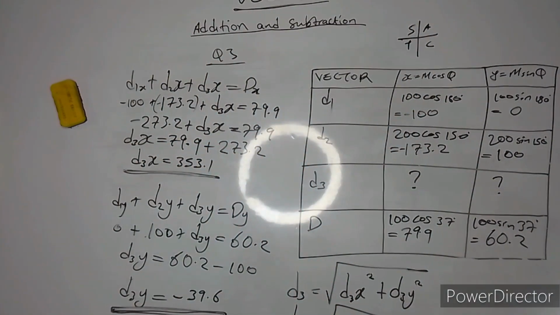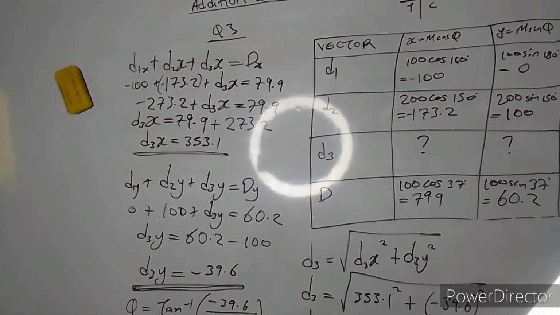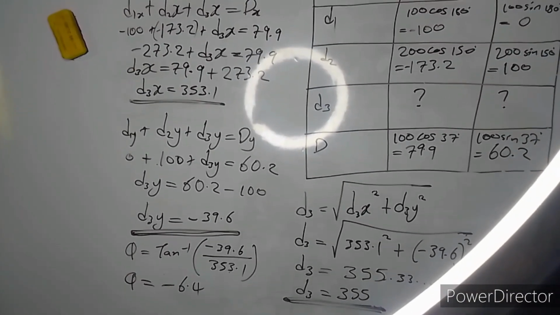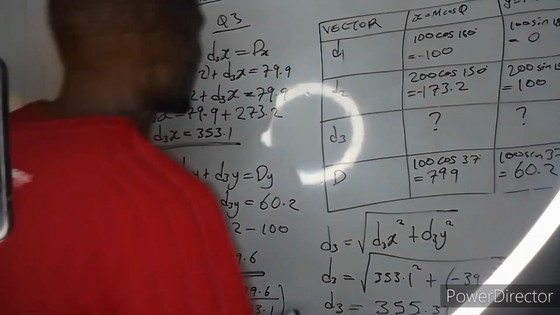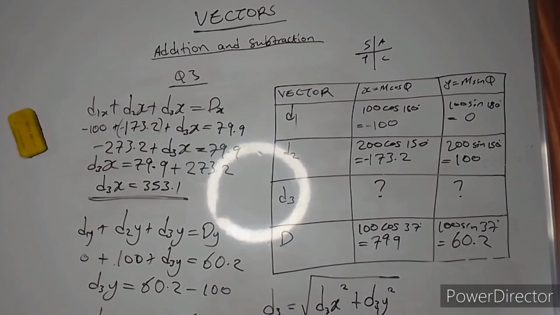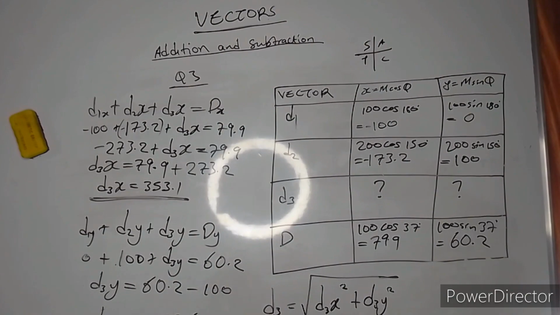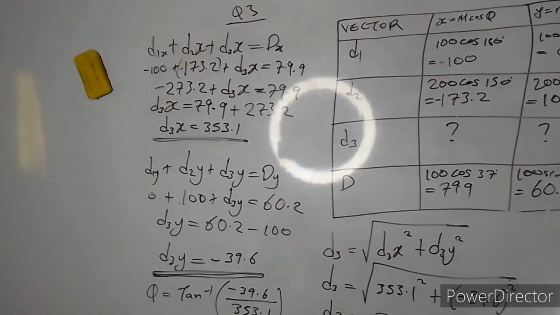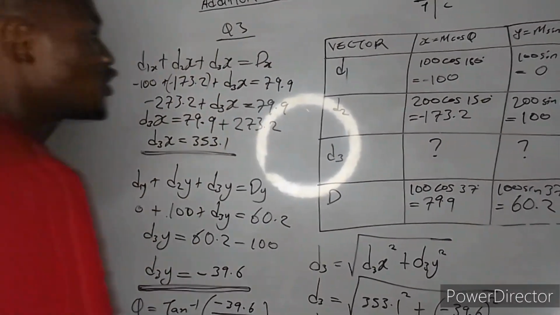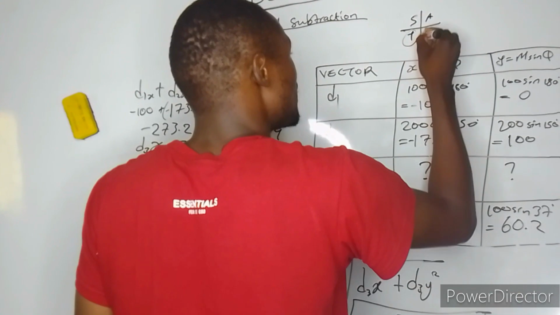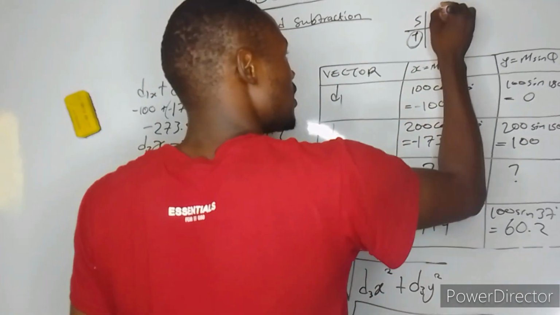Now, looking at the trig ratio that we have used, we have used tan, but we are getting a negative. What should we do? It is really simple. Since we have found a negative and we used tan, it means that our answer cannot belong in the third quadrant.